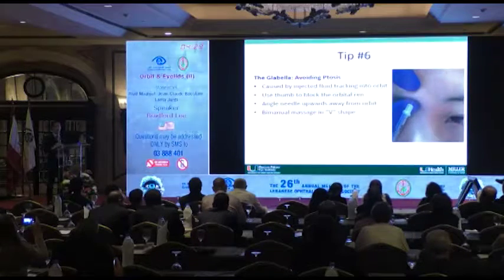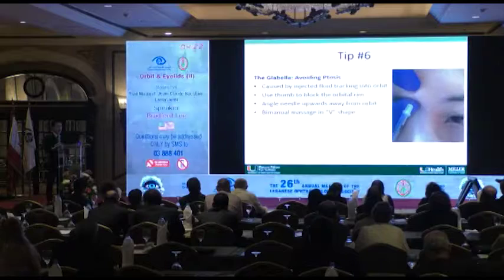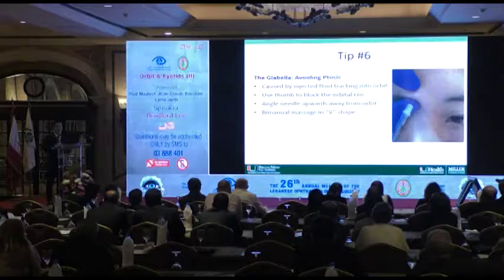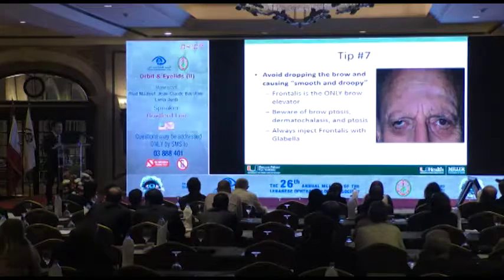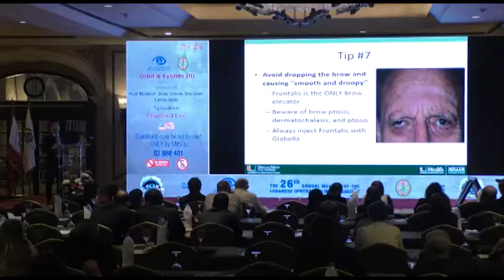So when I inject the corrugator muscles, I use my thumb to mechanically block the orbit, and I inject a little bit away from the orbit, and I bevel the needle up. And then after doing the glabella injections, I do a bimanual V-shaped massage, massaging that toxin along the path of the corrugator muscles. And I find that this is very effective in preventing unwanted ptosis.